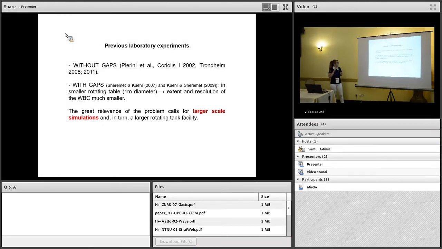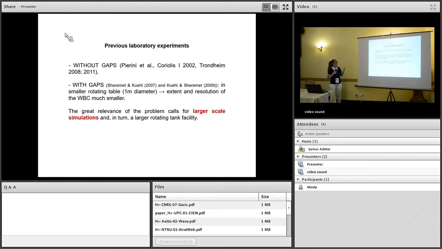So as the results coming from this study were obtained in small-scale installations, the resolution and the extent of the western boundary current was limited to a few centimeters.